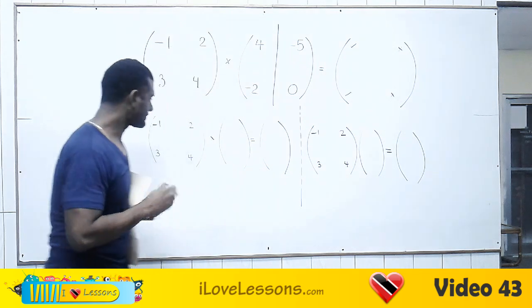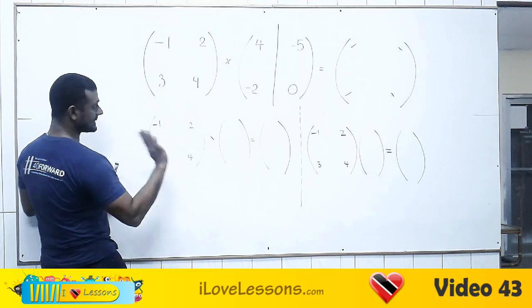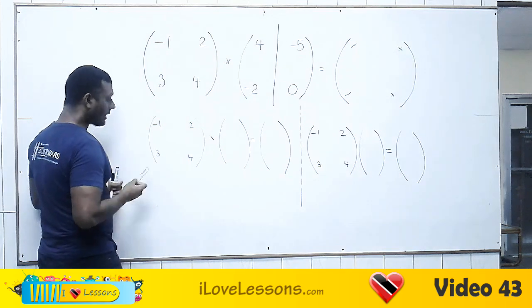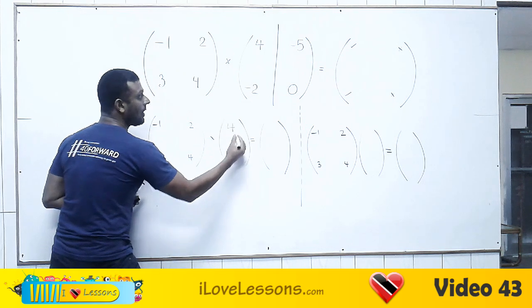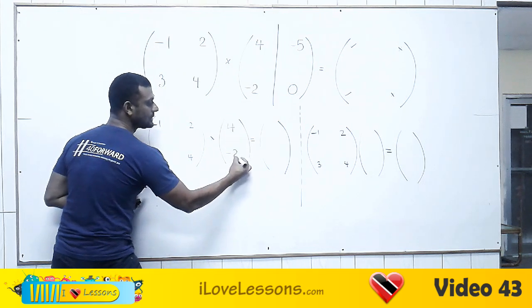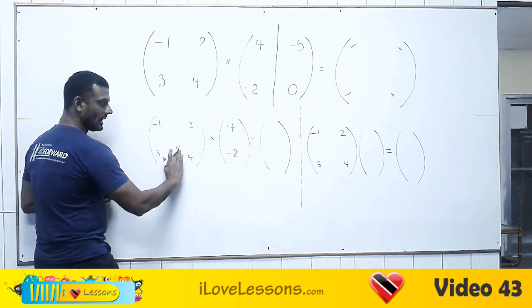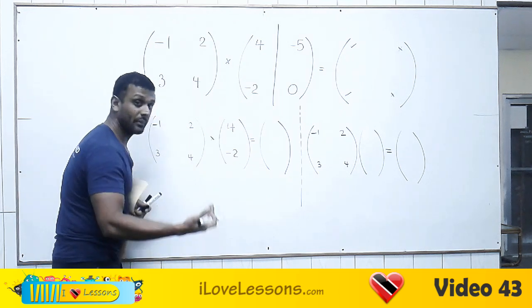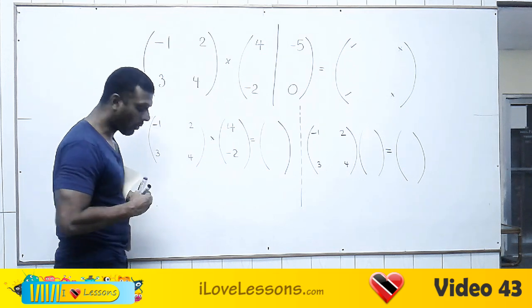So let's begin. We're going to take this matrix, already wrote it here. This and this is the same exact thing. And what we're going to do, we're going to multiply by the first half, which is 4 and minus 2. Remember, this is a 2 by 2 and this is a 2 by 1. And in the previous video, I showed you how to multiply the 2 by 2 by the 2 by 1.